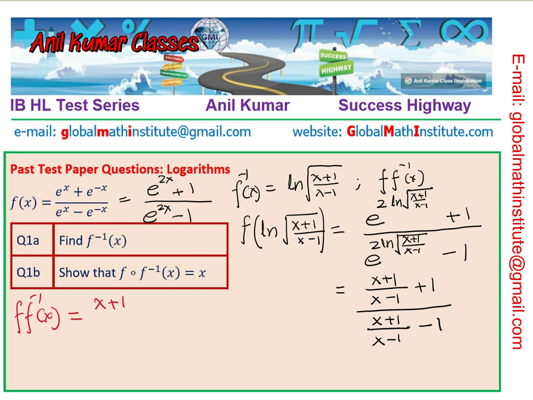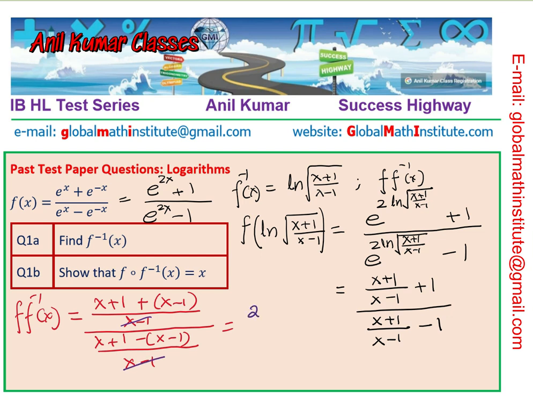We get x plus 1 plus x minus 1 over x minus 1, over x plus 1 minus x plus 1 over x minus 1. Clear? So x minus 1 and x minus 1 cancel. And x plus 1 plus x minus 1 means 2x, right? Over, we have x and x cancel, 1 and 1 is 2, which is equal to x. Do you see that? So we have shown that f of f inverse x is indeed x, right?